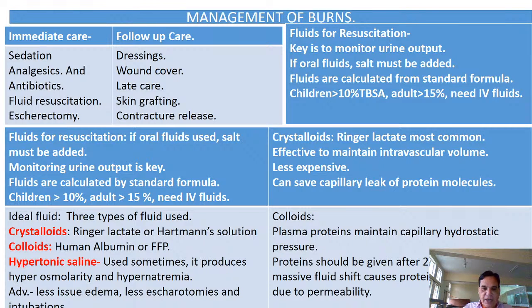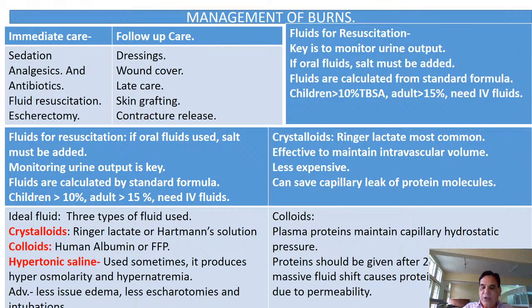Crystalloids are Ringer lactate and Hartmann solution. Colloids are human albumin or fresh frozen plasma, FFP. Hypertonic saline is sometimes used. It produces hyperosmolarity and hypernatremia. The benefit is less edema and less chance of escharotomy. There will be less edema, but it is not commonly used.